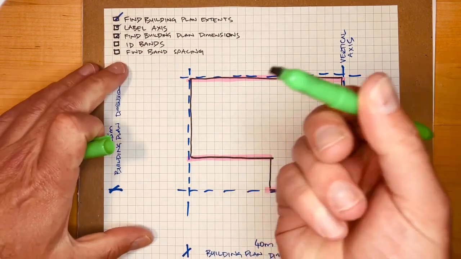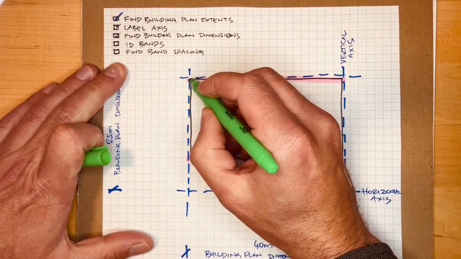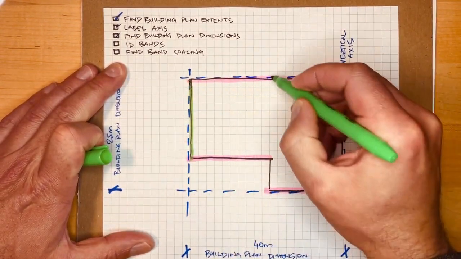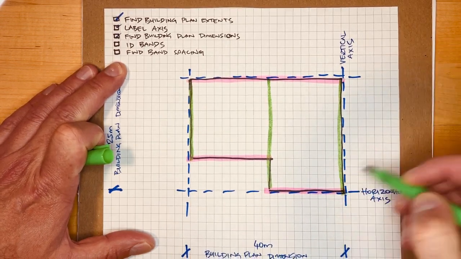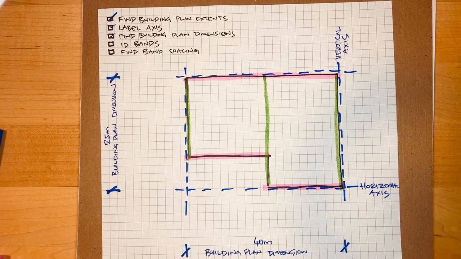And then our vertical bands, we're going to do them in green. So let's consider the green highlighter there to be our bands running vertically. The process that we're on at the moment is to ID the bands.